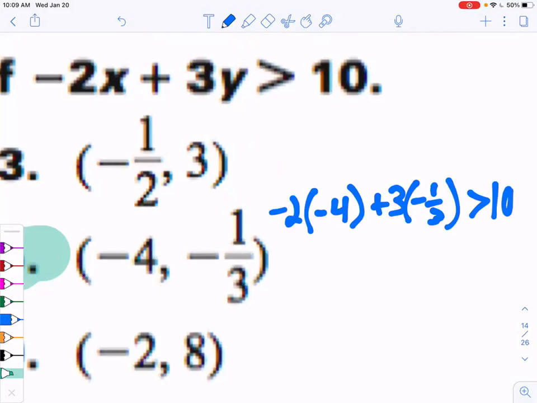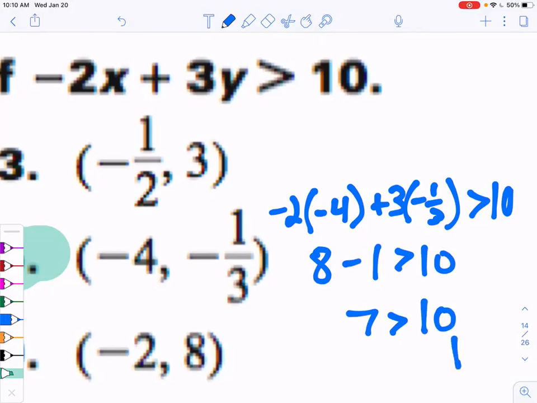Jason, -2 times -4 gives us a? Good. What happens to the 3's here, Jason? 3 divided by 3 gives you? 1. Good. So you go 8 minus 1, and that's 7, which is greater than 10? Chase, is 7 greater than 10?